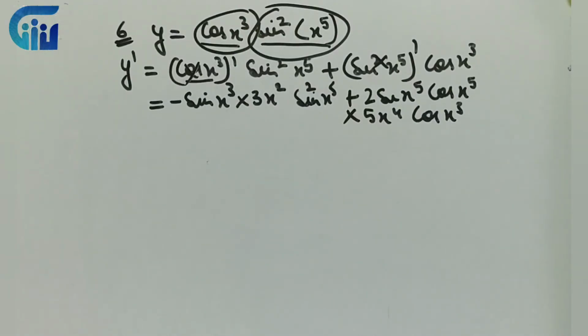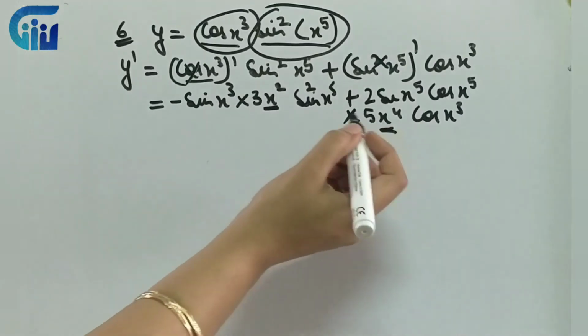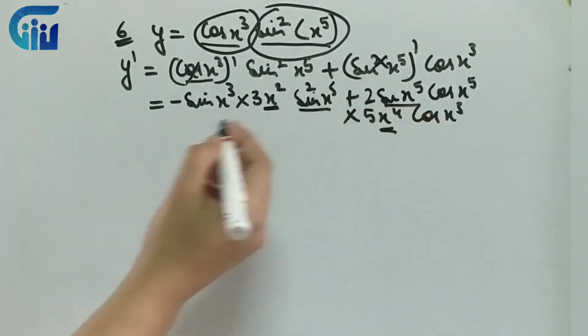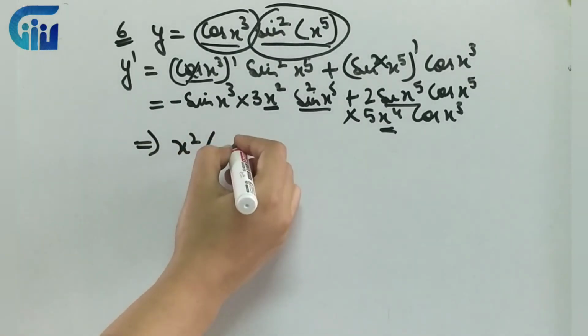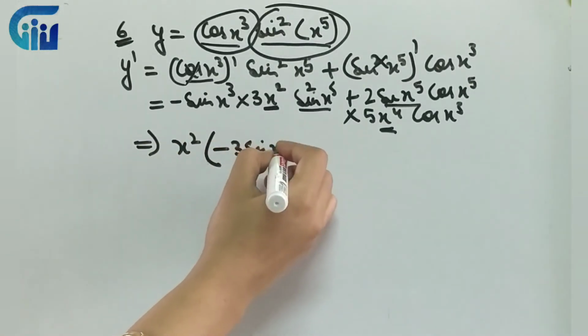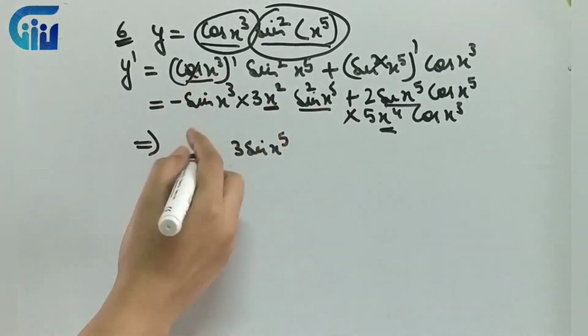So over here, what do we observe? If you feel you can take something common, you can take it out common, otherwise you can leave it here as well. यहाँ पे we are observing that common यहाँ पे x square आ सकता है, and I can have sine as common. So I will just take it out as common. So we will write x square common. So it will be minus 3 sine x5. I'll just write sine also.